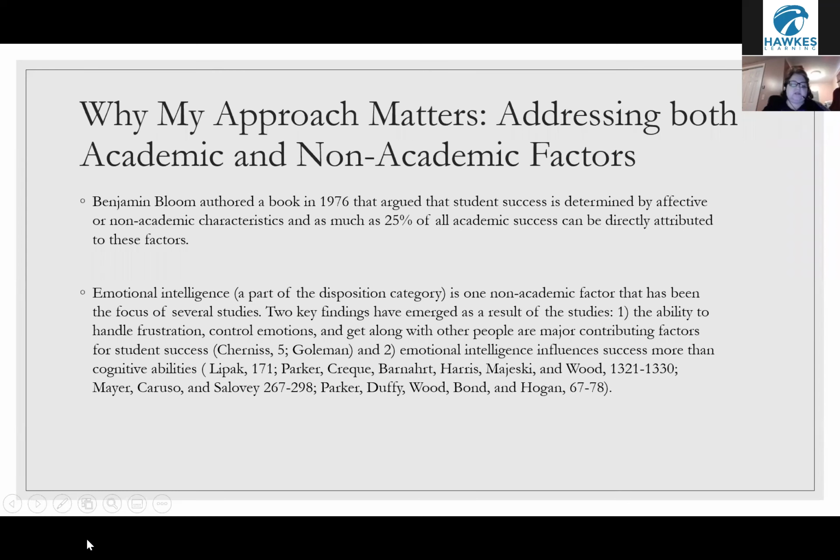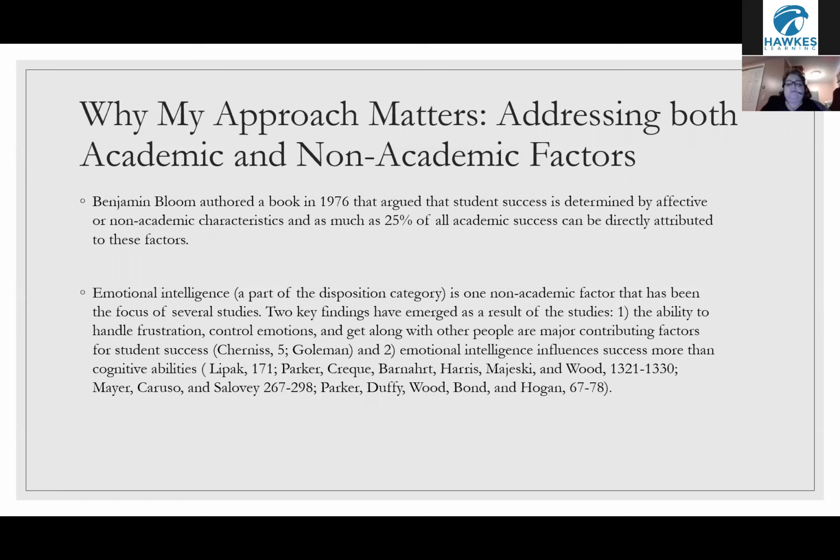So here's why my approach matters. It's going to address both the academic and the non-academic factors. Benjamin Bloom authored a book in 1976 that argues all student success is determined by cognitive and non-academic characteristics.